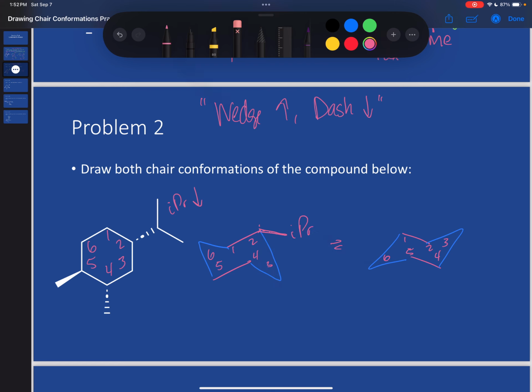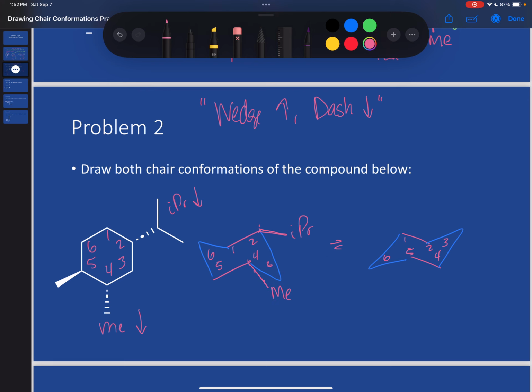And then if I keep going, nothing on 3. On 4, I have a methyl group here that is also down since it is dashed. So for 4, axial would be up, and then equatorial would be down.